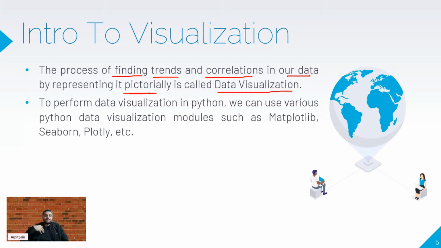So when I say trends, patterns or correlations, it's like the way I did it for age and salary. I was trying to find the correlation, the trends and the relationship between these two figures, and that is what I understood from the graph which I just plotted. I understood that as long as my age is increasing, my salary is also increasing. That is pretty much what data visualization helps us do.